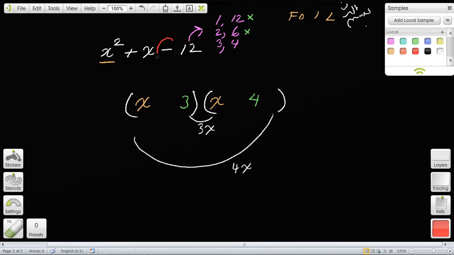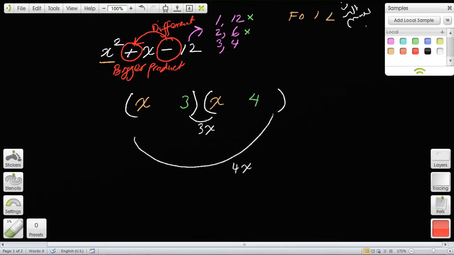Then you look at this sign over here. This is negative, so this says whatever goes over here, they're going to be different signs. They're not going to be the same. If this is positive, then this is negative. If this is negative, then this is positive. Then you look at this one. If this is a plus, this means the bigger product is going to be plus.